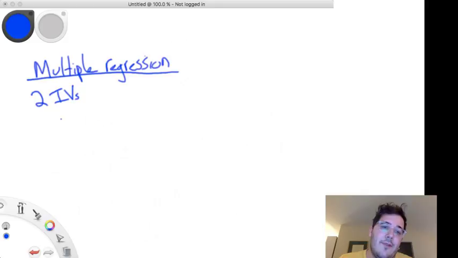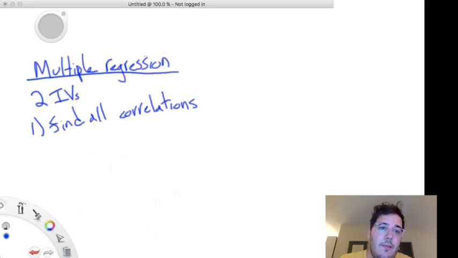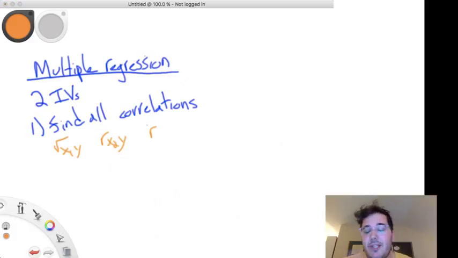So in this case, first thing you have to do is find all the correlations. And I say all because now there are 3. There's the correlation, so R, of your first predictor with y, R x1 y. There's R of your second predictor with y, R x2 y. And the correlation between your 2 predictors, R x1 x2.